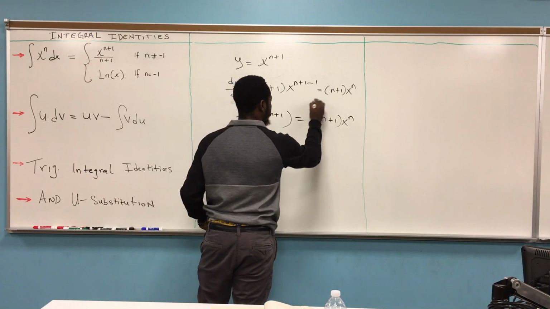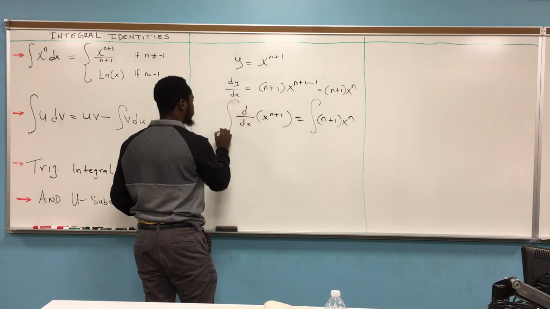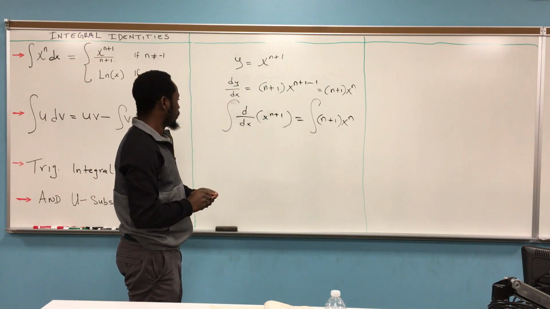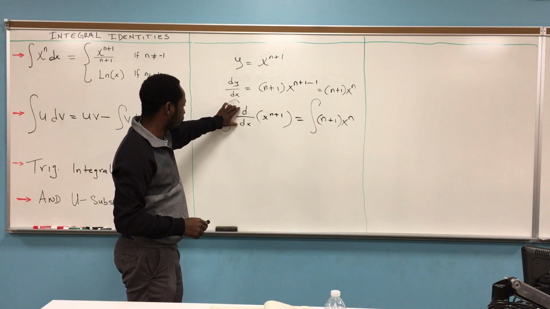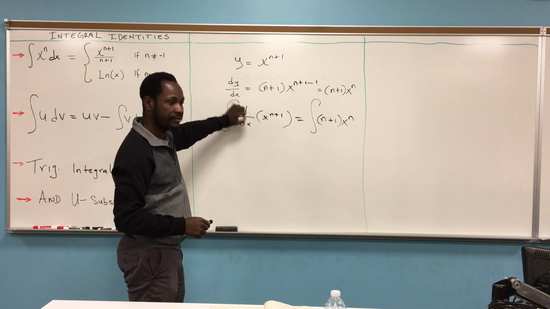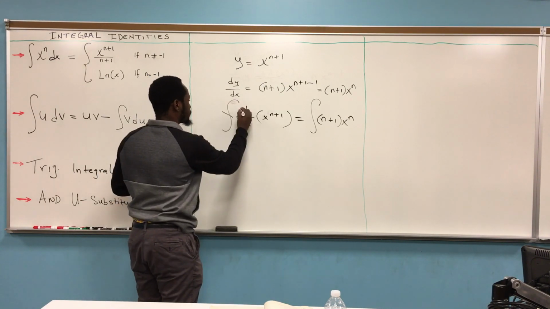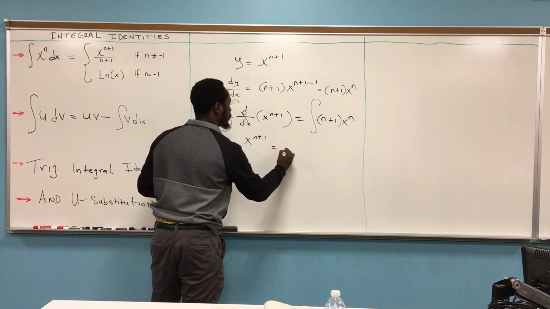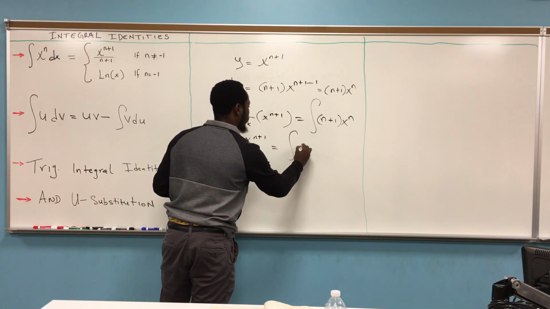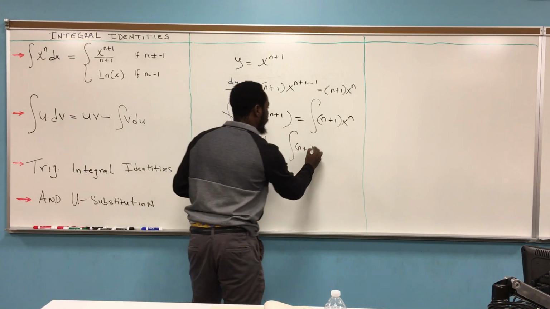So if I integrate this side and I integrate this side, integration is the inverse or the reverse of derivative. So this cancels this, so you have x to the n plus 1 is equal to the integral of n plus 1 times x to the n.